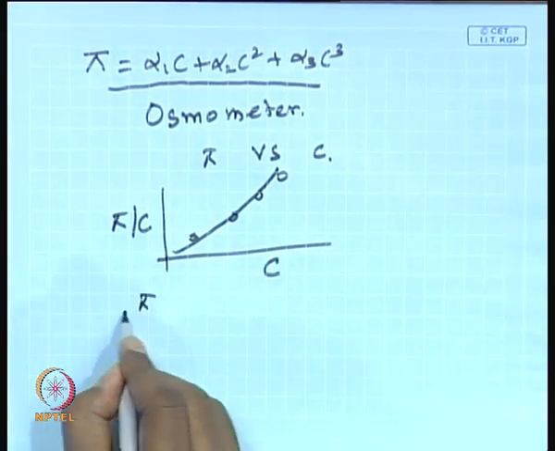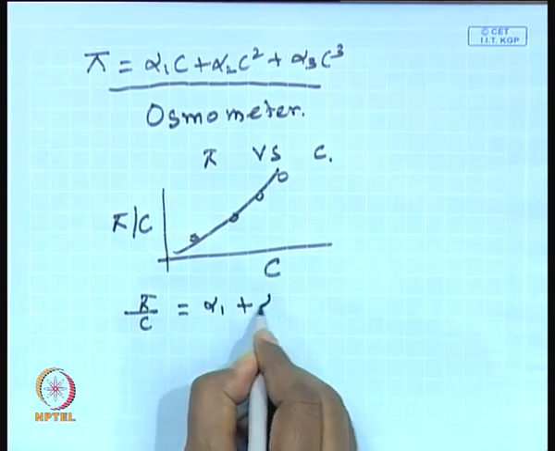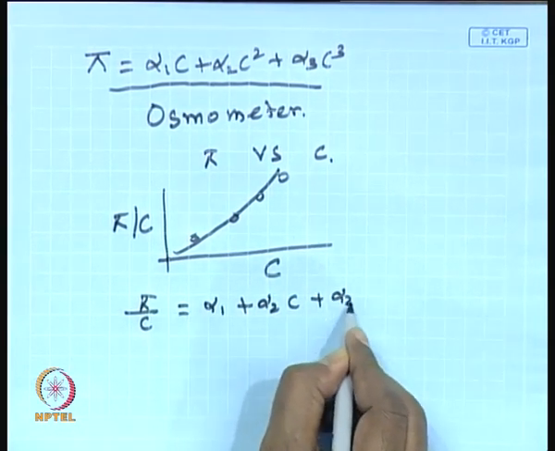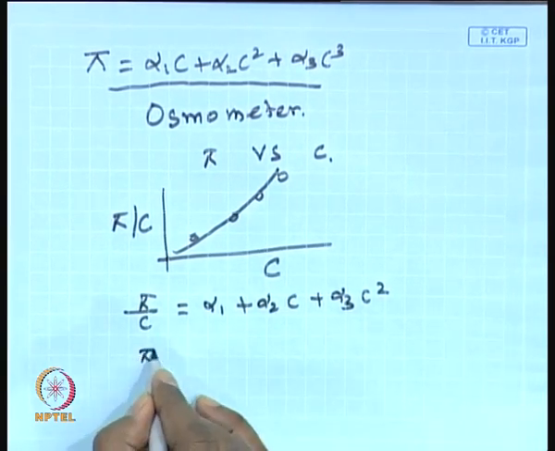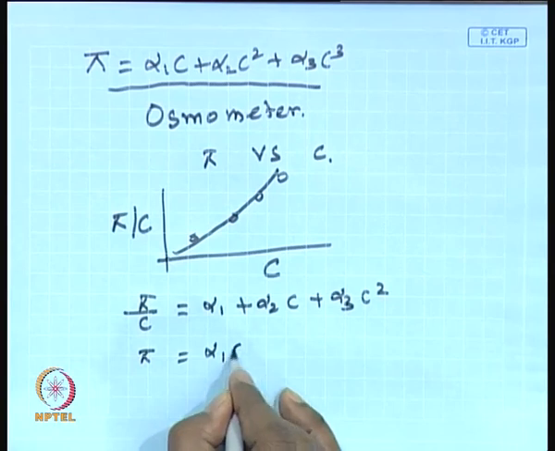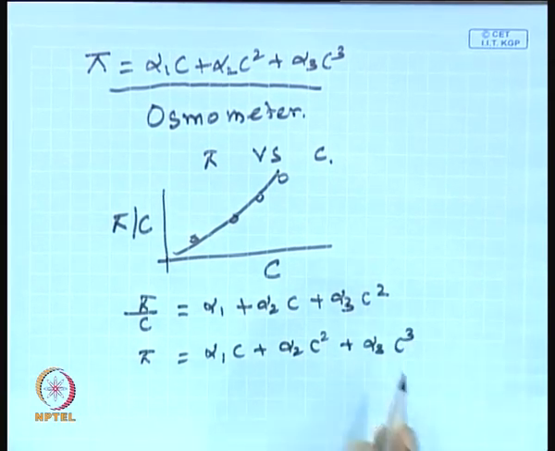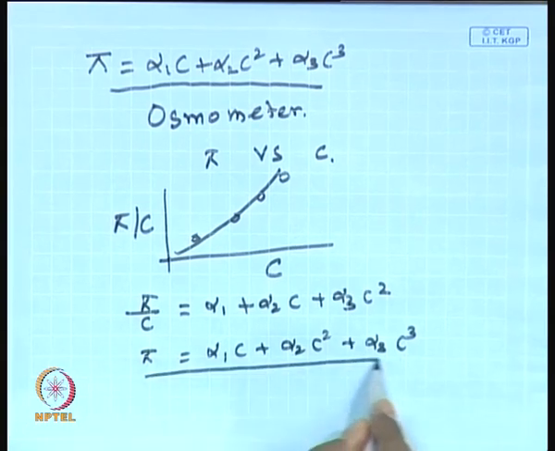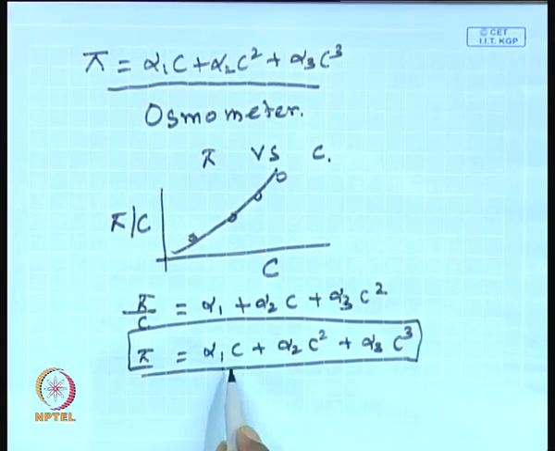And express pi by C versus C as something like alpha 1 plus alpha 2 C plus alpha 3 C square. So, after multiplying C on both sides, you will get pi is equal to alpha 1 C plus alpha 2 C square plus alpha 3 C cube. Why is it cast in this form? Simply because if you put C equal to 0, pi becomes 0.